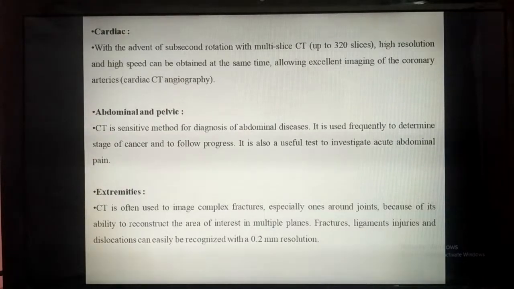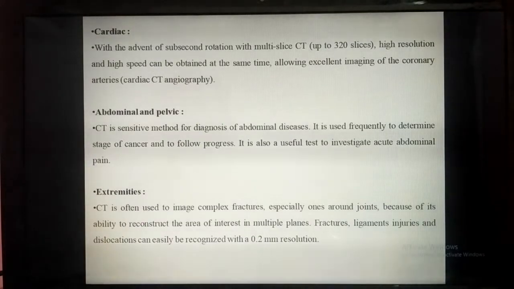Then the next one is abdominal and pelvic. CT is a sensitive method for diagnosis of abdominal diseases. It is used frequently to determine the stage of cancer and to follow progress. It is also a useful test to investigate acute abdominal pain.